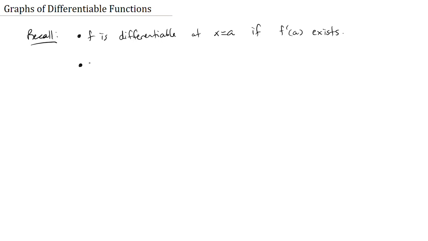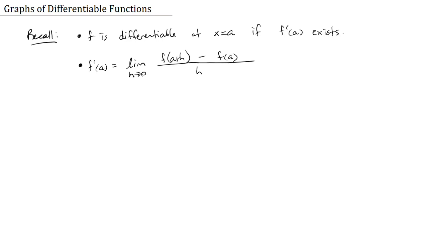Well, f prime of a, by definition, is a limit, and it's the limit as h approaches 0 of the secant line slope. So it's the output at a plus h, minus the output of the function at a, divided by the change in x, which is a plus h minus a, which just simplifies to h.